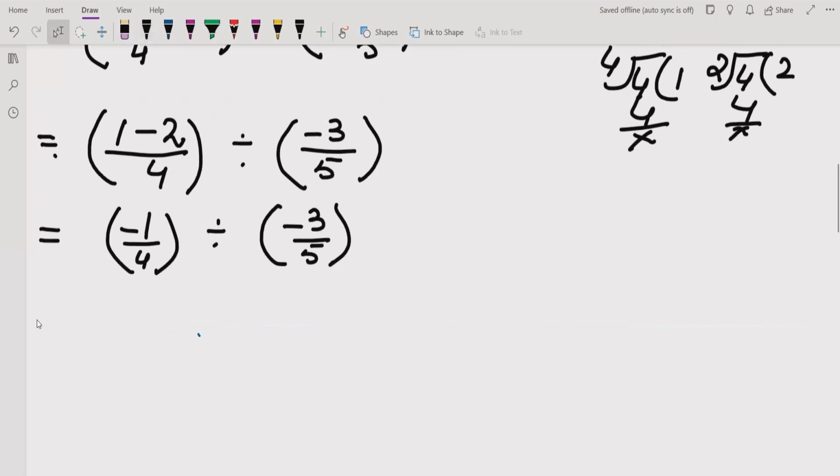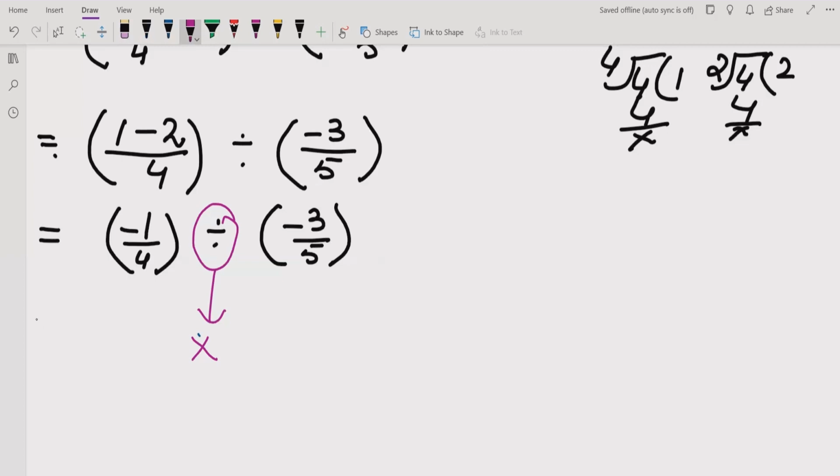Now, how can we divide this part? The easiest way to solve this is to change this division operation into multiplication. And when we multiply, the denominator can be reciprocal.